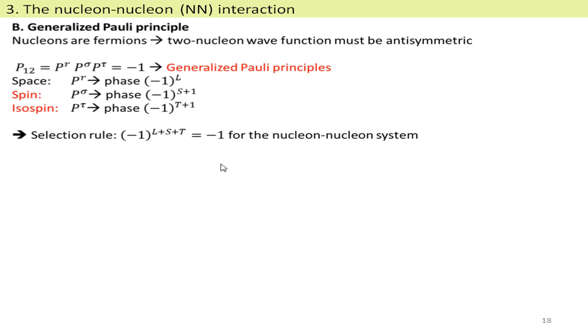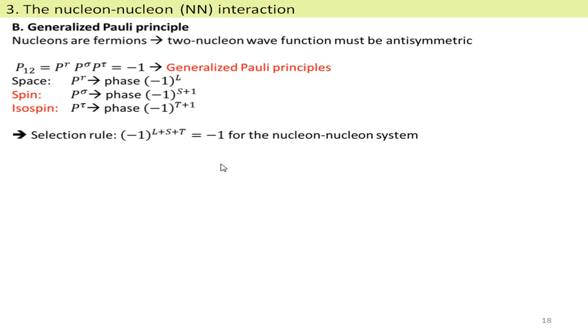So the action of the full operator should be -1. And now if you look at the phases, the space exchange introduces a phase of -1 to the power L, where L is the orbital momentum between the two nucleons.